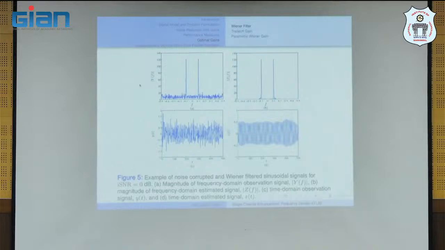Of course, if you know the clean signal, you can know the input SNR for each time frequency bin in the STFT domain. But of course, you don't know the clean signal. So even if the noise is stationary and white, like white Gaussian noise, because the desired signal is non-stationary, it's very difficult to know for each time frequency bin the input signal to noise ratio.